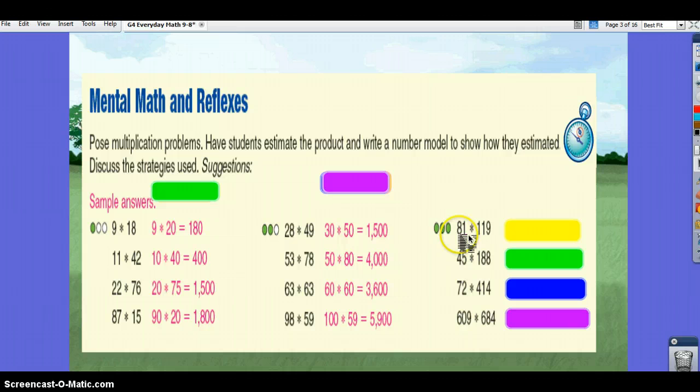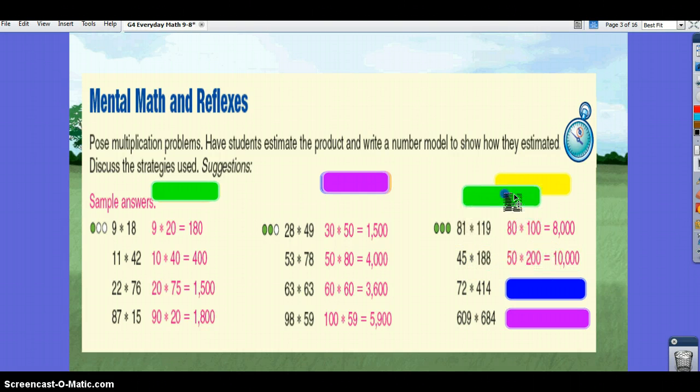The next one, 81 times 119, I do 80 times 100, which would be 8 times 1 is 8, 3 zeros, 8,000, and that's what they did. 45 times 188, well, I would do 50 times 200, 5 times 2 is 10, 3 zeros, 10,000. 72 times 414, well, I'd do 70 times 400, 7 times 4 is 28, 3 zeros, 28,000.